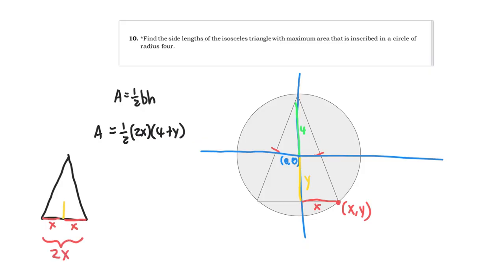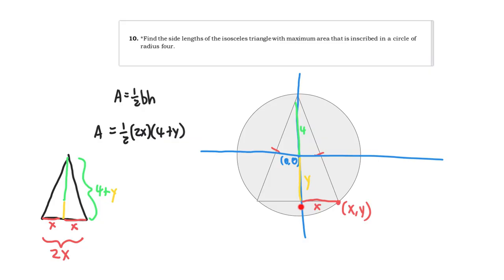And then this whole height is clearly 4 plus y. Now, we could say that this is most definitely 4, of course, but then this y part, we're taking the positive distance here.